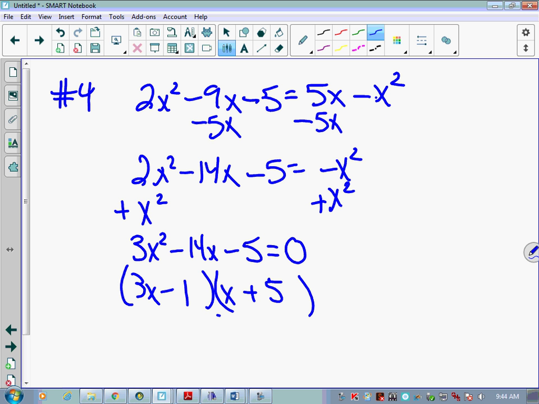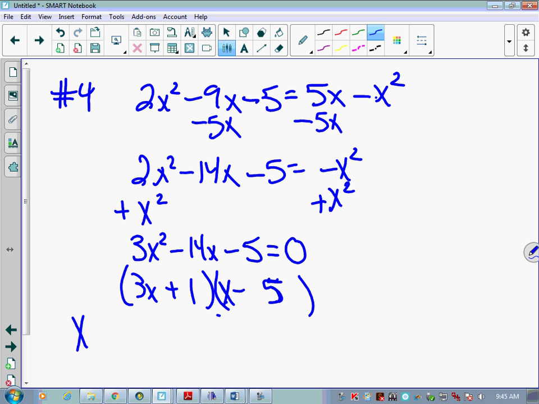Well, is that negative 14x or 14x? It's going to be positive 14, right? Which means what I need to do is change the signs. So let's make this positive and this one negative. 3x times negative 5 is negative 15x, plus 1x is negative 14. You follow me through here?